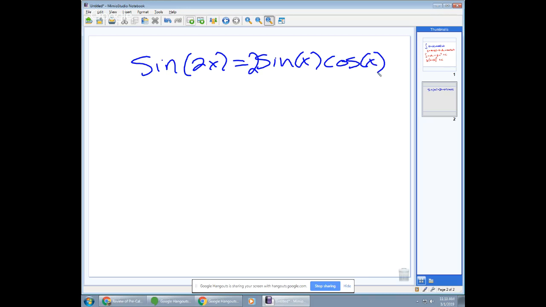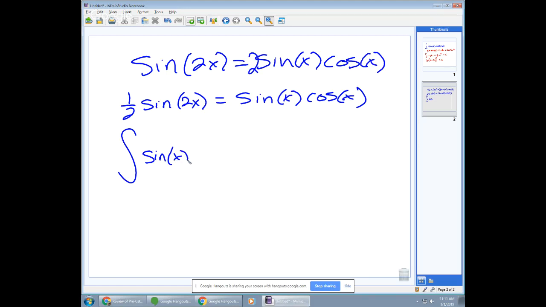So I could say that one half sine of 2x is equal to the sine of x times the cosine of x. Now my integral of the sine of x cosine of x dx could also be written as one half the integral of the sine of 2x. Antiderivative for this? You have a substitution for 2x.